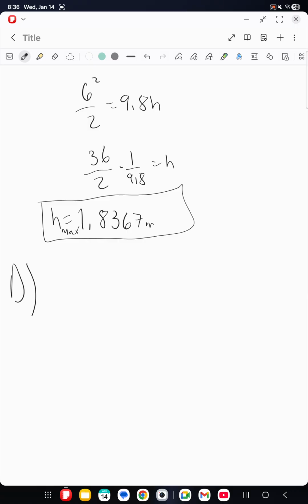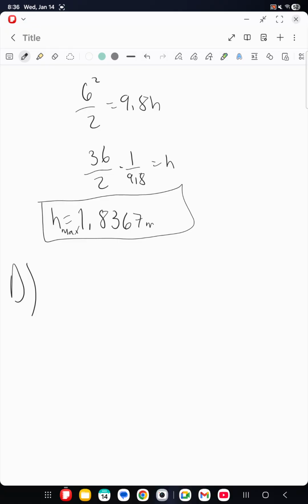What is the acceleration at the highest point, and what is the rope tension there? This one, D, will actually be separated into 2 problems, because we want to know the acceleration at the highest point and the rope tension.